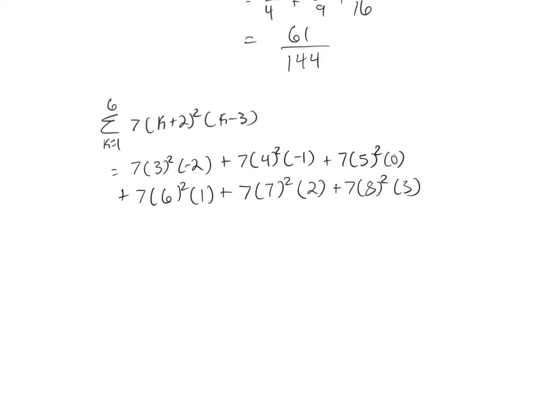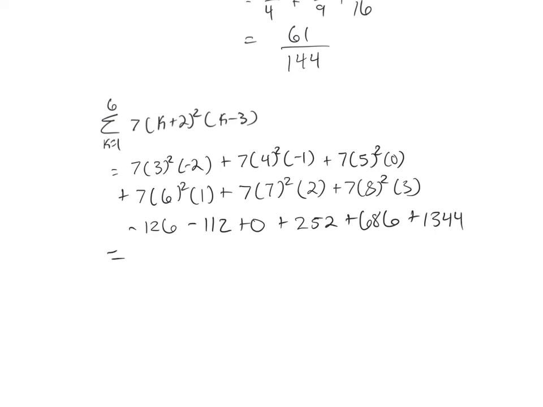For the first one, 9 times 7 times negative 2 gives me negative 126. 4 squared times 7 times negative 1 is negative 112, plus 0. 36 times 7 gives me 252. 49 times 7 times 2 is 686, and then the last one, 64 times 3 times 7 gives me 1344.